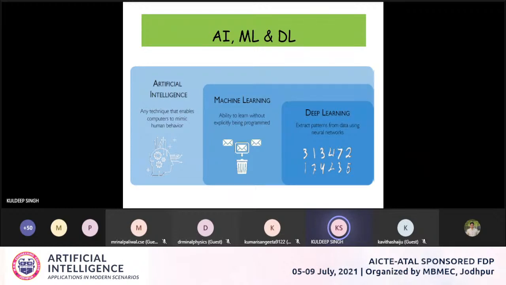That gave birth to the machine learning concept. It said that we should not program the computer or the machine explicitly. Rather, the machine should have the ability itself to learn from examples. What is the idea? We will provide the images of different fruits and tell the machine that this particular image belongs to this fruit.